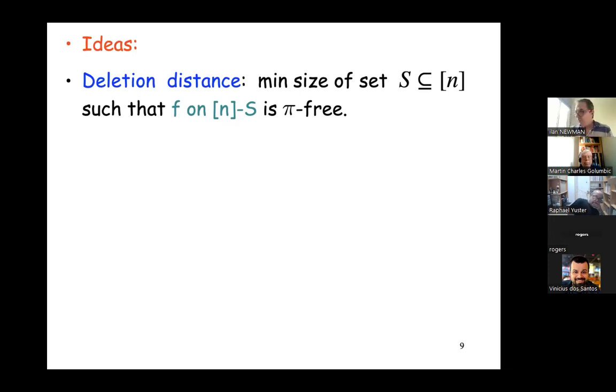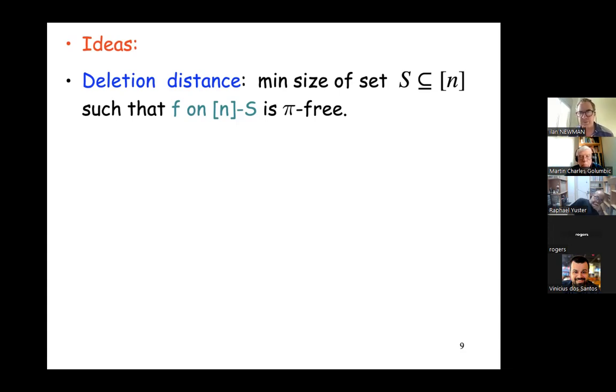Okay, so the first idea, and that's an old idea, used in all previous algorithms and in many other settings in property testing, is to consider the deletion distance instead of the Hamming distance. So what is the deletion distance?